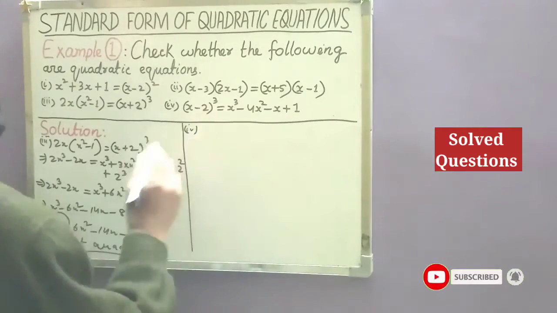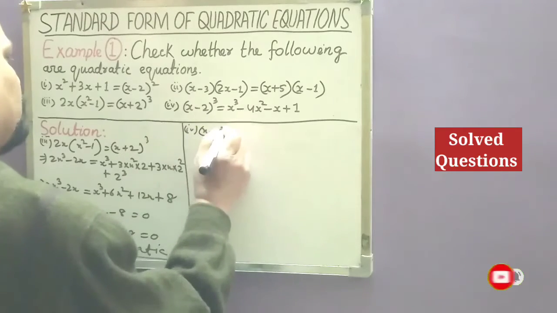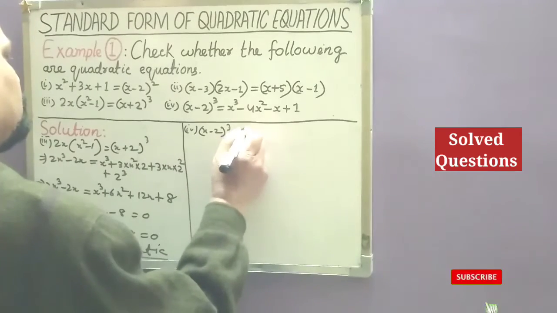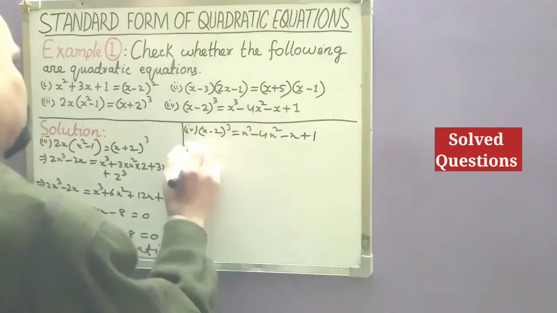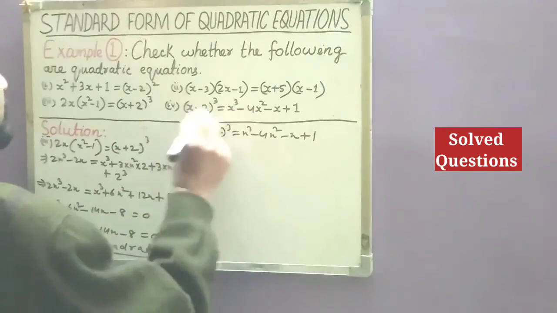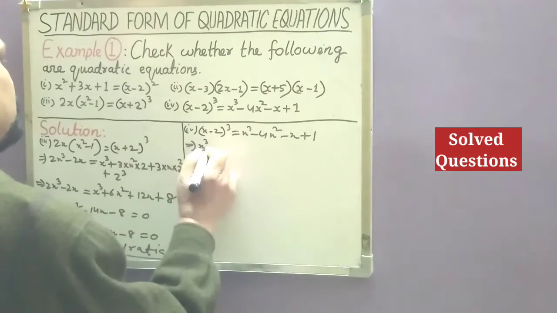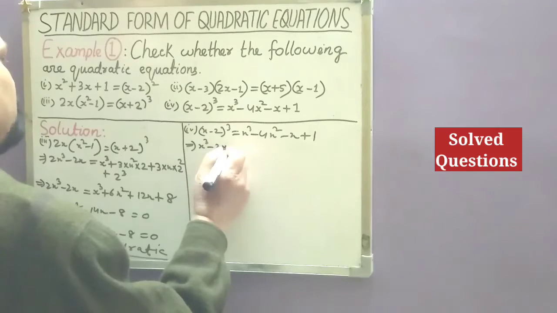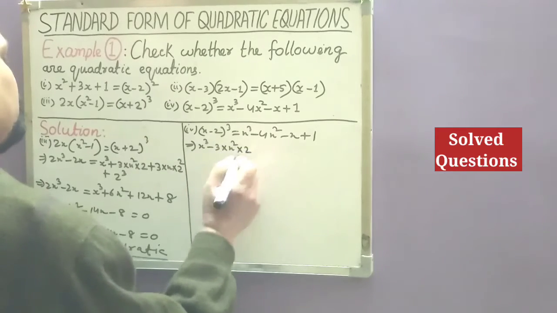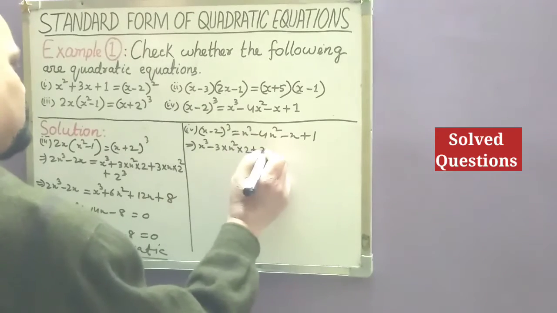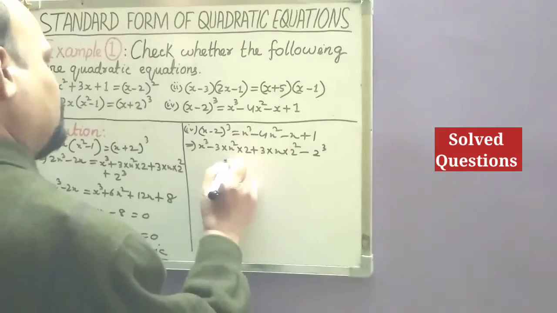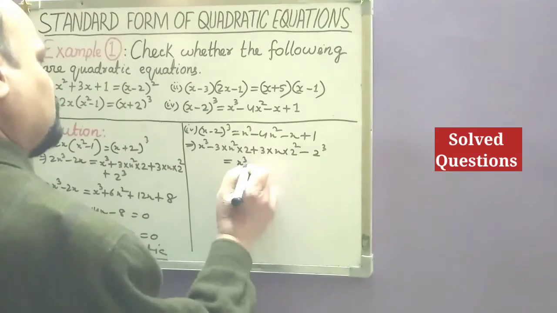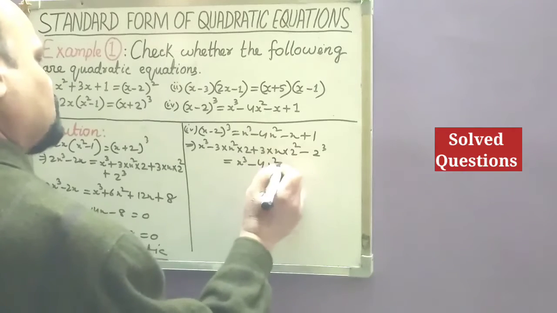Now the fourth part, (x − 2)³ = x³ − 4x² − x + 1. So using the formula (a − b)³, we get x³ − 3·x²·2 + 3·x·2² − 2³ = x³ − 4x² − x + 1.